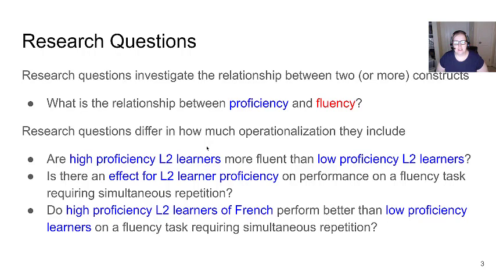If you are not a person who sees color, this matches up to what I described in the previous one: things like proficiency, high proficiency, effect of proficiency, and then high versus low proficiency again. Then on slide 4, I do the same thing with the versions of fluency in red. The versions from the different questions are like fluency, more fluent than, performance in a fluency task requiring, etc. Okay, so if you have time and want to look at this, you can zoom into where these constructs are being operationalized.